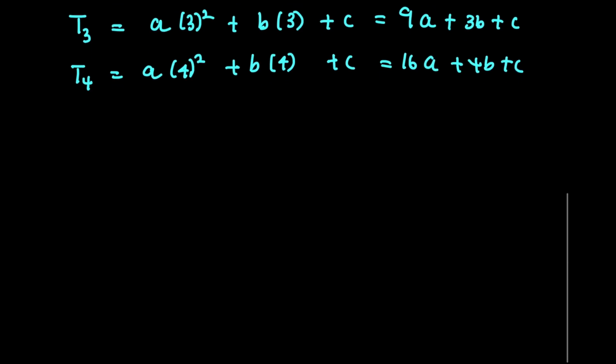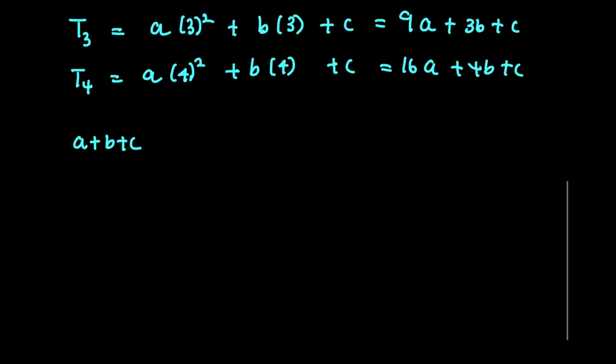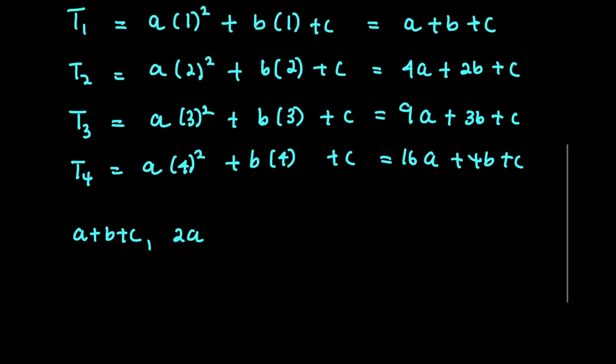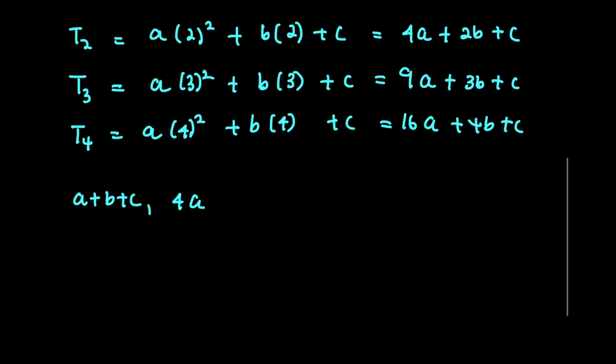Now let's confirm that this has a constant second difference. So the first term is a plus b plus c, as we have shown here. And then the second term was, sorry, it was actually 4a plus 2b plus c.